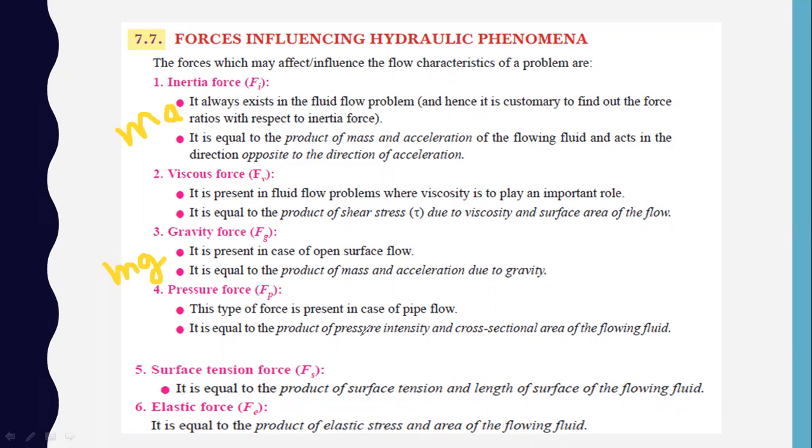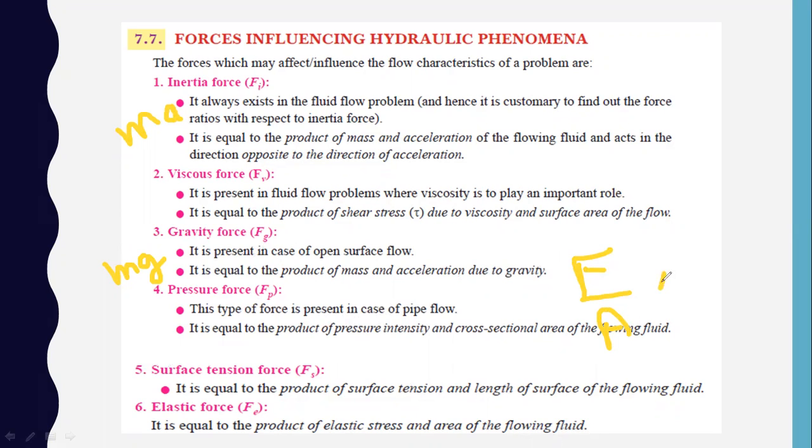And pressure force, this type of force is present in case of pipe flow. It is equal to the product of pressure intensity and cross-sectional area of the flowing fluid. So force per area is the pressure.